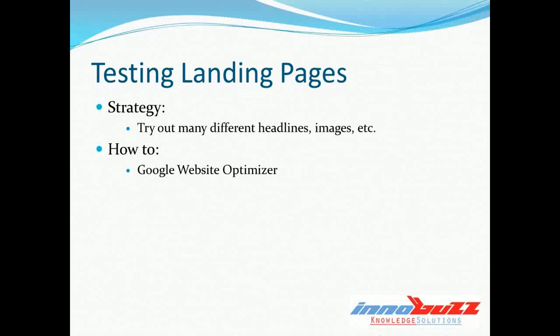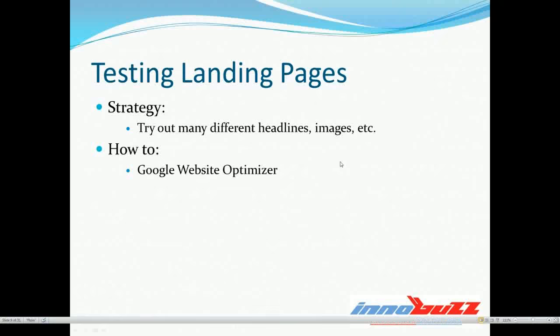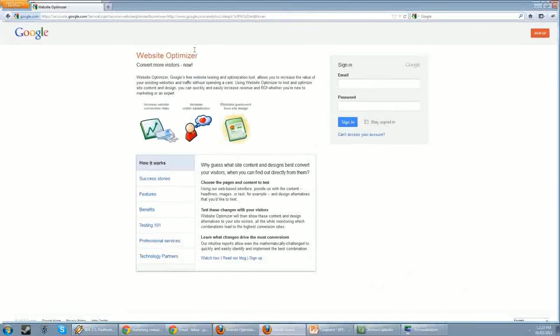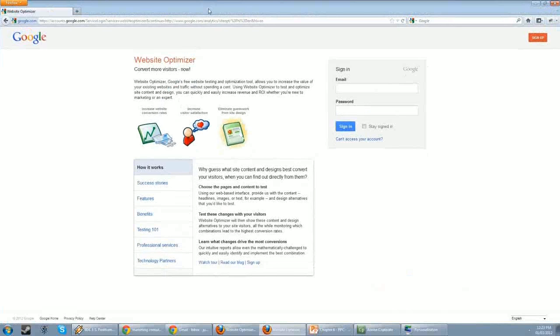But if you're doing anything a little bit more complicated, you're going to want to use Google Website Optimizer. This is especially true for multivariate testing. All you've got to do is head over to Website Optimizer, log yourself in, and then quite simply set up a test. It's really not that hard.